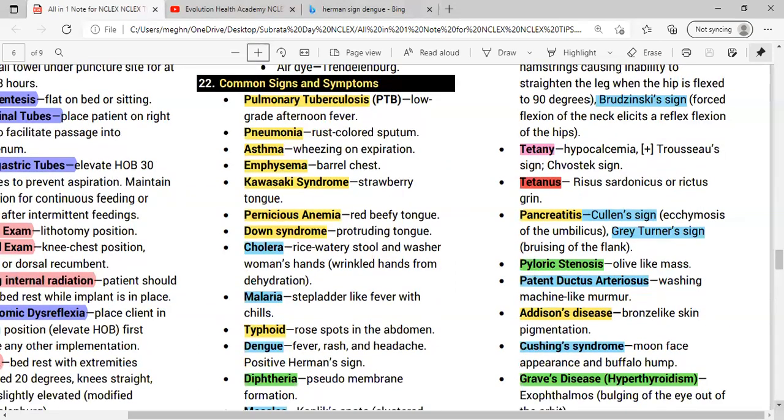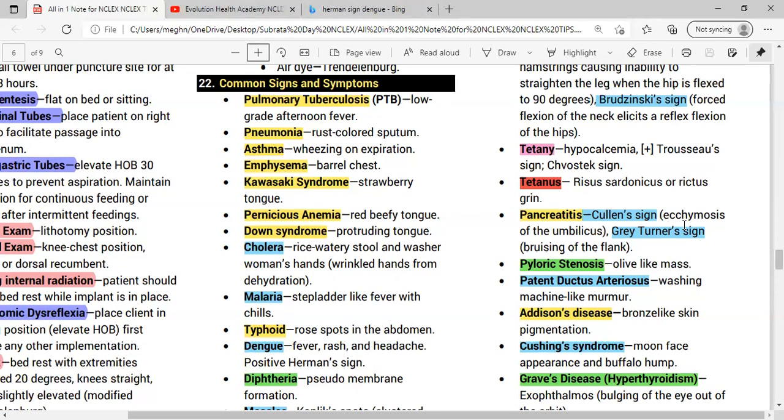In case of tetanus, we see risus sardonicus or rigid spasm. And pancreatitis means inflammation of the pancreas. We find Cullen sign positive or Turner sign positive. It indicates your patient has pancreatitis.